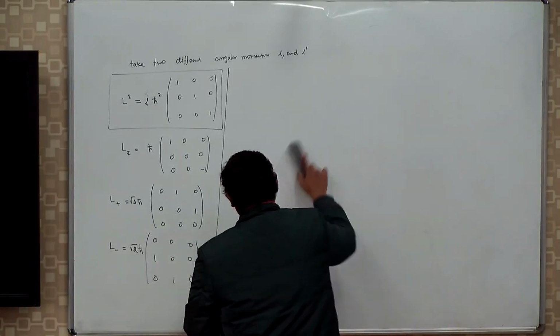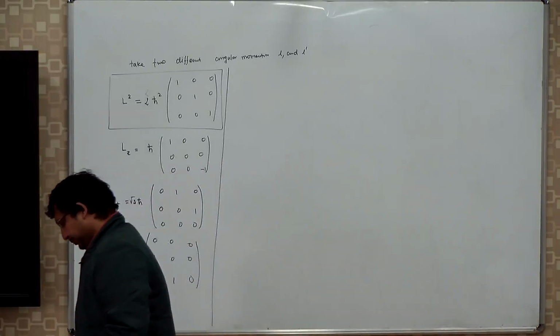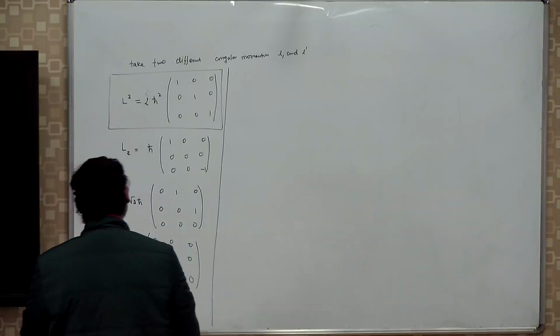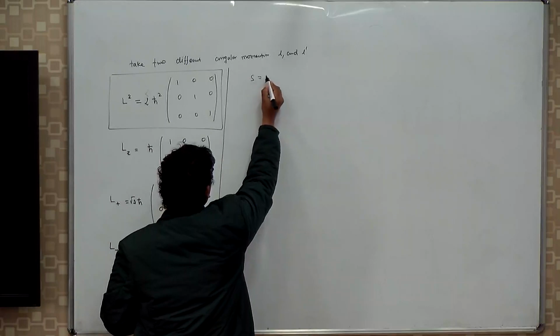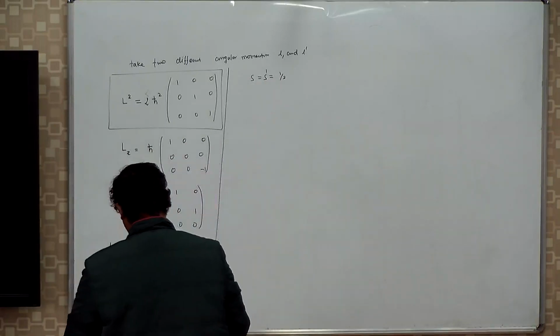Suppose for a spin-1/2 particle, if we want to consider and write the matrix representation, for example, the value of S equal to S dash equal to 1 by 2 for a spin-1/2 particle.